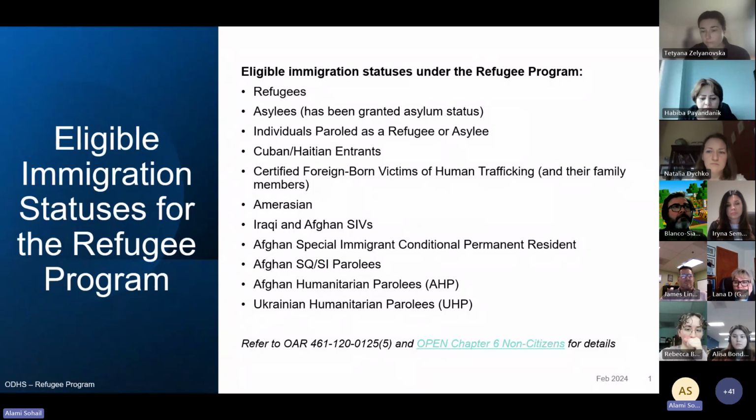Individuals who have been paroled as refugees or asylees, we don't see a lot of this, but if you do, you can always send us an email and ask us, and we will let you know. The individuals who are paroled as refugee and asylee are separate from humanitarian parolees and the types of parolee statuses that you would see for Afghans. Cuban and Haitian entrants, again, this one is a little bit complicated.